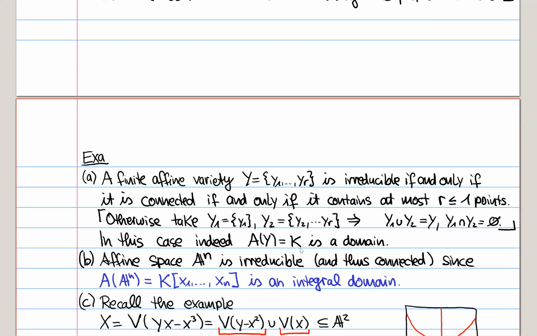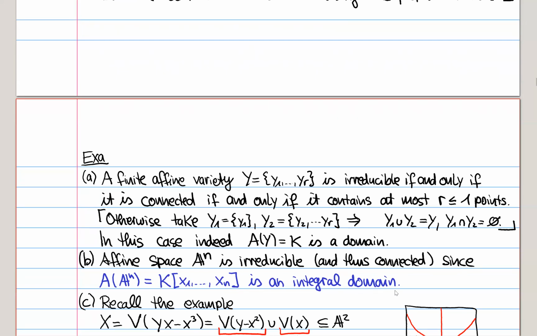Then more interestingly, one thing which we claimed is that we hope that A^1 is an irreducible space. And in fact, now we can see that the whole affine space A^n is irreducible. And thus, as we have seen, irreducible always implies connected. And for this, we just observe that the ring of polynomial functions on A^n is just a full polynomial ring.